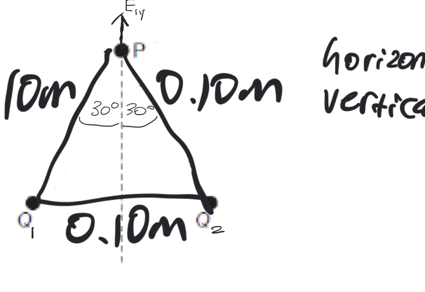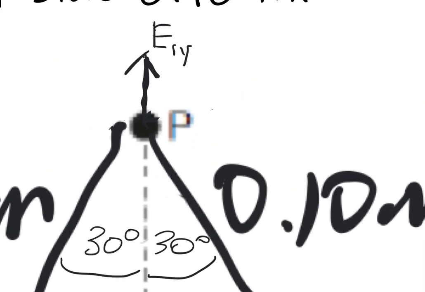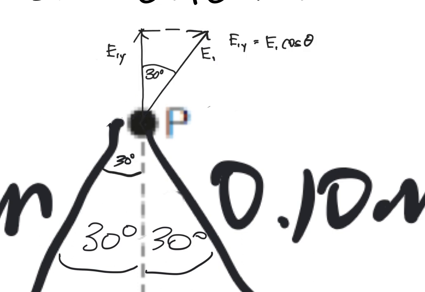I'm just trying to point out the geometry here, so let me zoom in even more. The vertical component of that electric field vector is going to be the magnitude of the electric field times cosine of the angle, which is 30 degrees. And we can see from alternate interior angles why the angle is 30 degrees.